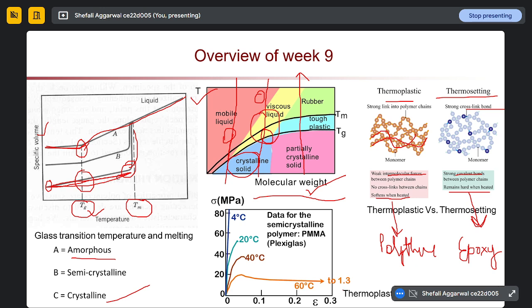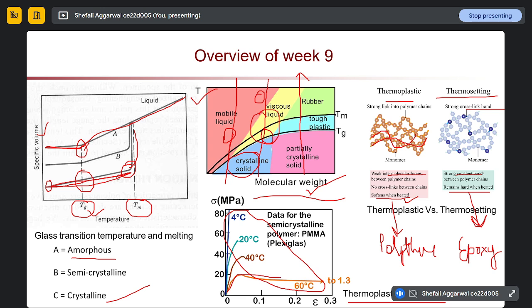And the other thing is the thermoplastic behavior of different materials. So how will temperature affect the properties of thermoplastic materials? At higher temperature, this material will soften and will have more elasticity.